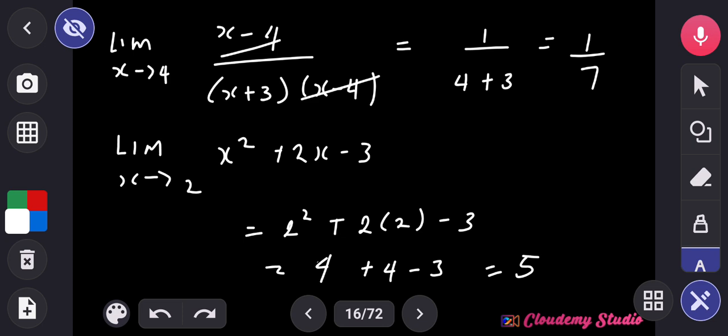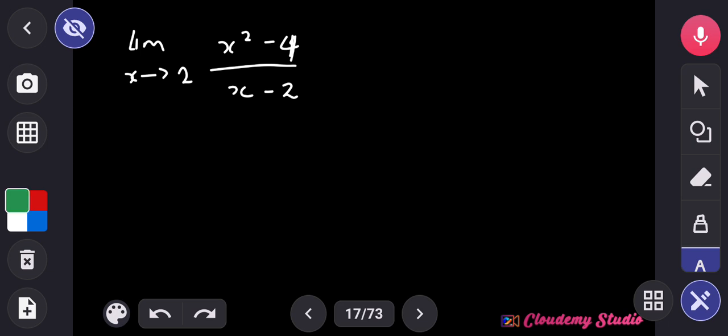So let us give you an example here. Let us say that limit of x tends to 2 of x squared minus 4 divided by x minus 2. This is a question that you can pause the video and check if you can quickly do it. We can quickly do this one by turning it into a difference of squares.